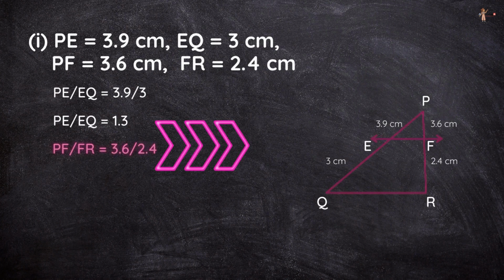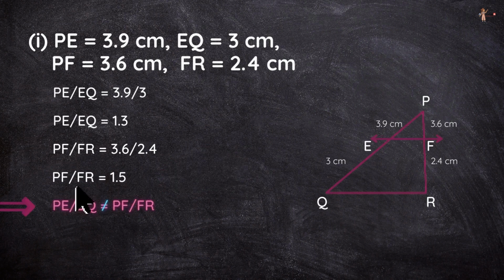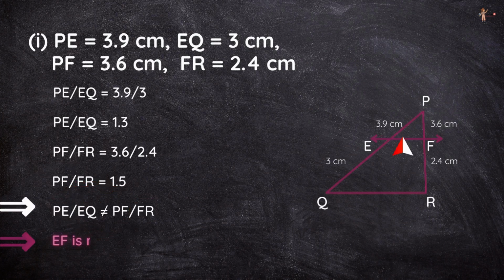Now, PF upon FR would be 3.6 upon 2.4, which would give us 1.5. So we can see that PE upon EQ is not equal to PF upon FR, and hence EF is not parallel to QR.